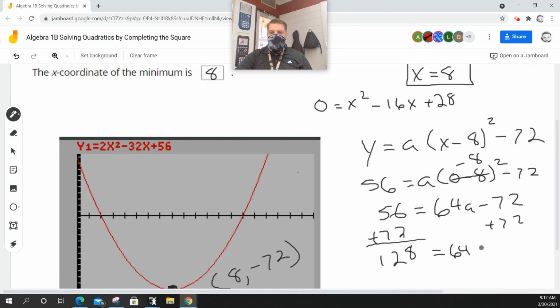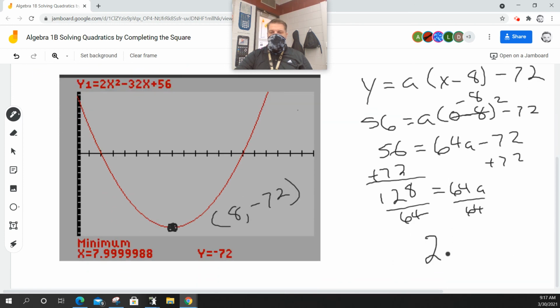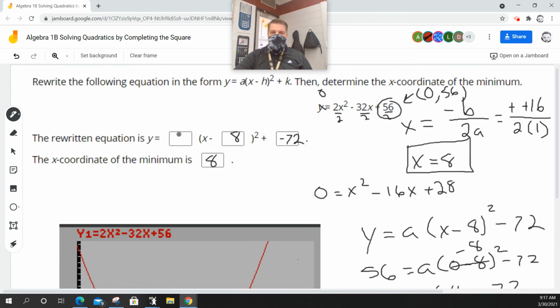Oh, cool, I see. So then I'm going to divide both sides by 64. How many times does 64 go into 128? Anybody know? 2. So I get 2 is equal to A. So what does that mean? That means up here, I just put 2. And that's it. We are done.